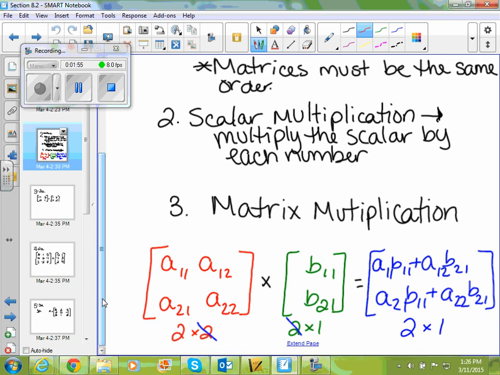Matrix multiplication is slightly more complicated in that you have to multiply your second matrix by your first one in sideways order.